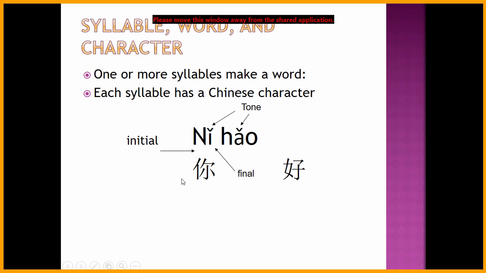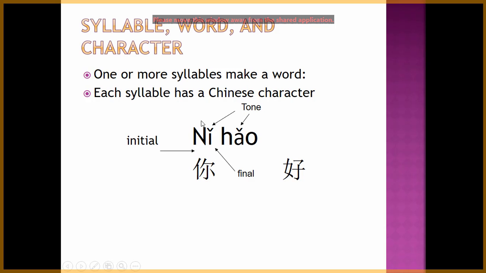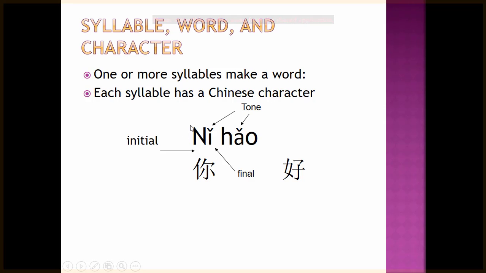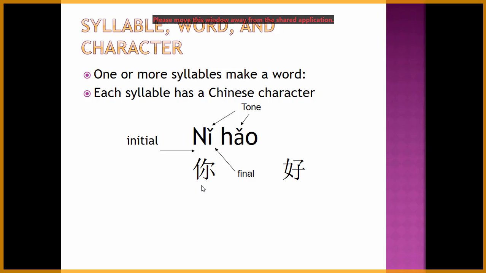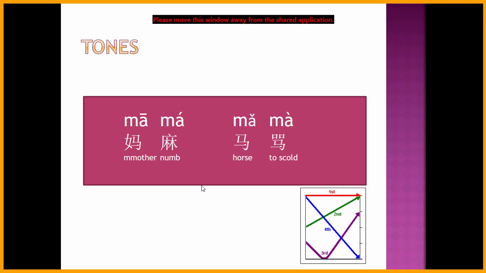So by writing this pinyin system, N-I, now we know that we can learn this Chinese. This is the reason they created the pinyin system, so other people can learn Chinese, right?